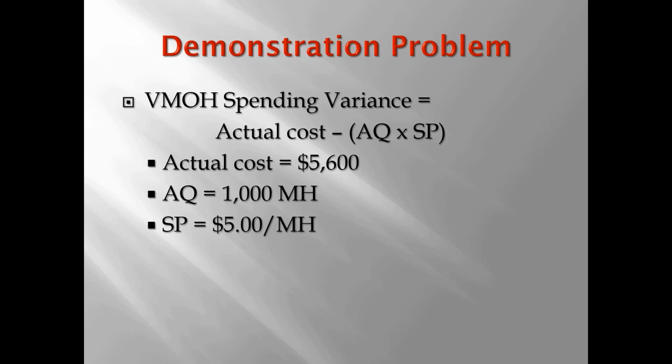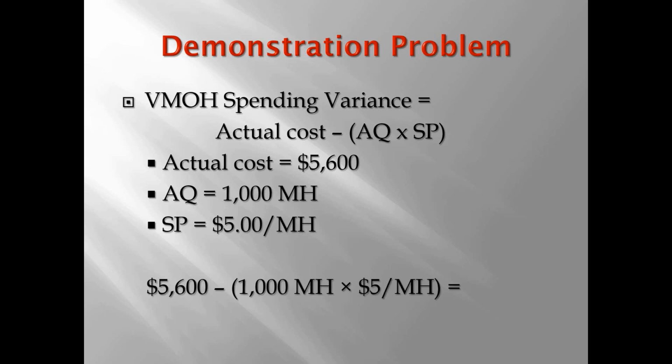We were told the actual cost for variable manufacturing overhead, and we were also told the actual quantity of the allocation base, 1,000 machine hours. We just figured out the standard price. That's the predetermined overhead rate of $5 per machine hour.